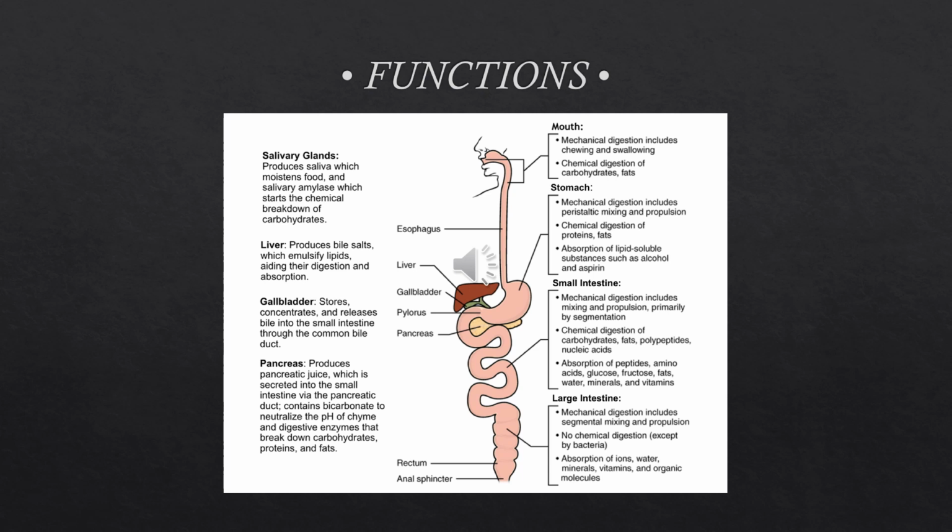We know that the walls of these organs are similar in composition and consist mainly of 4 layers: the mucosa, submucosa, and the muscularis, as well as the adventitia or serosa. We know that although they share a generalized structure of layers, each of these layers has been adapted to suit the function of the organ.